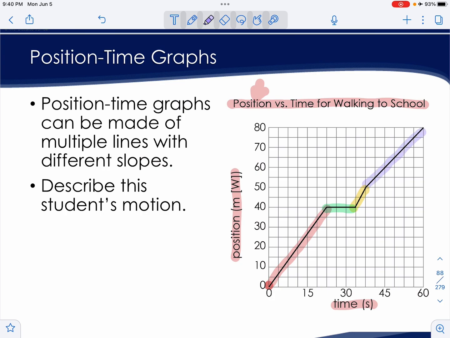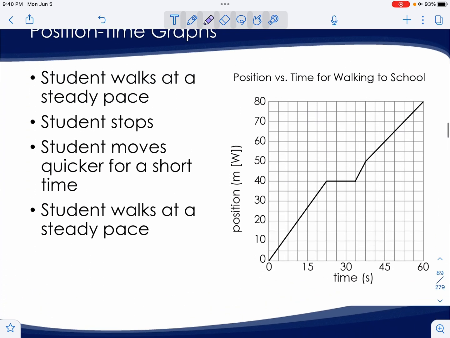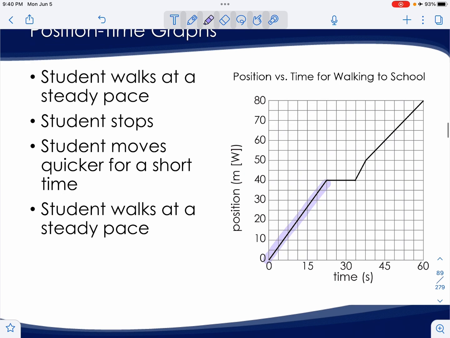So describe the student's motion. The student walks at a steady pace for about 40 meters. Then the student stops. That's this stopping. So they're staying at 40 meters.